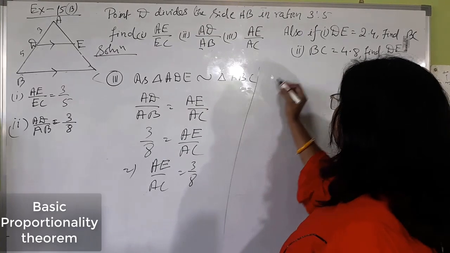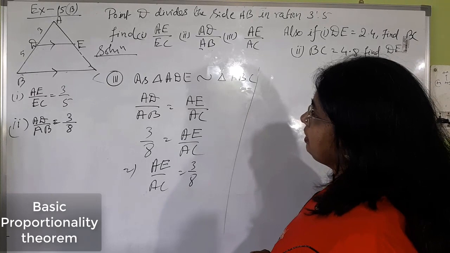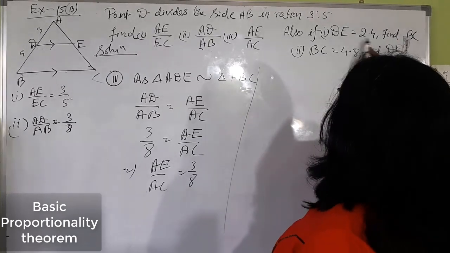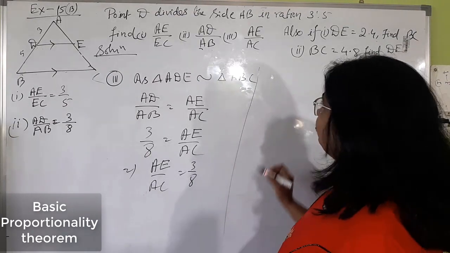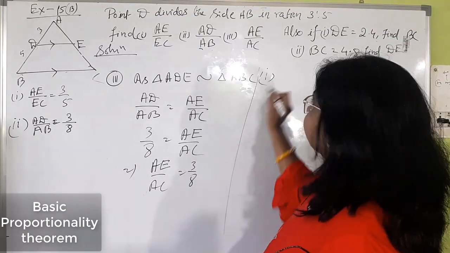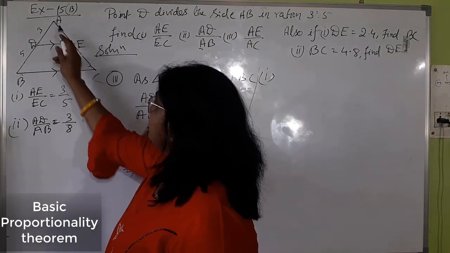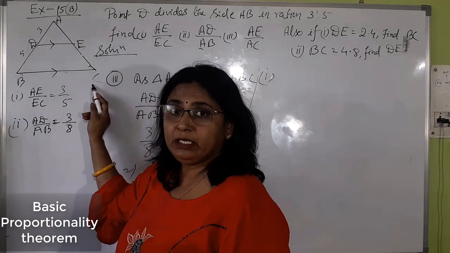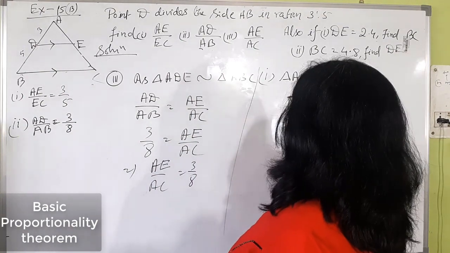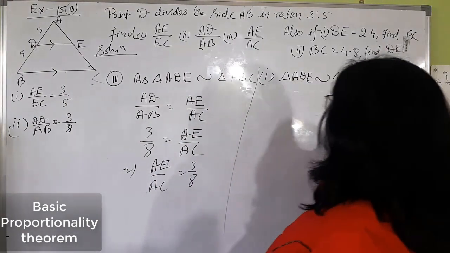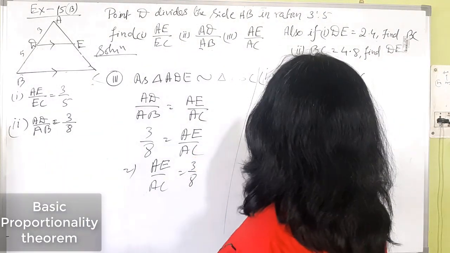Now some other application. Also, if DE is equal to 2.4, then find BC. DE is equal to 2.4, then first, as both triangles ADE and ABC are similar, their sides are proportional.